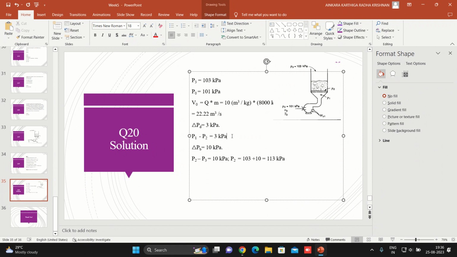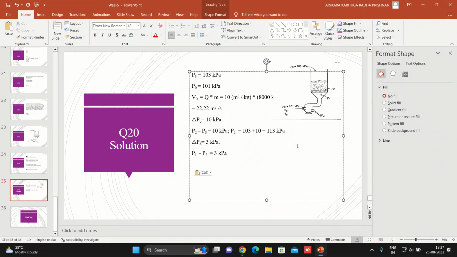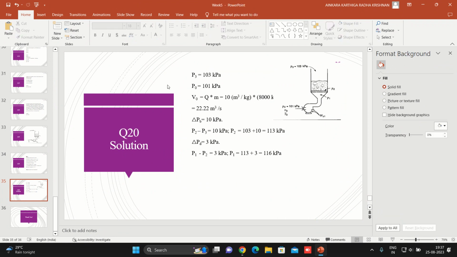So P1 minus P2 is 3 kilopascal. So what is P1? P1 is equal to 113 plus 3 is equal to 116 kilopascal. To know the compressor power requirement, we need to know the inlet and the outlet condition of the fluid. We know the inlet air condition, but we do not know at what pressure it is exiting the compressor.